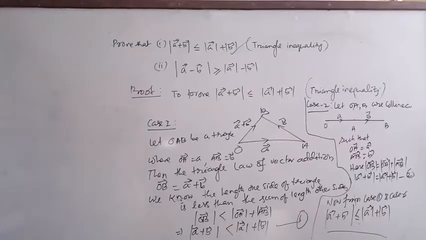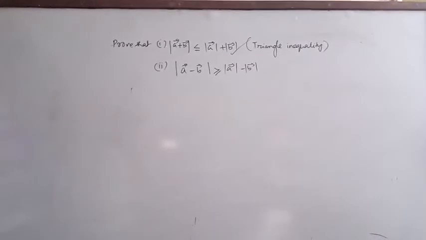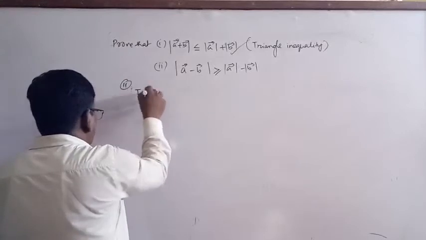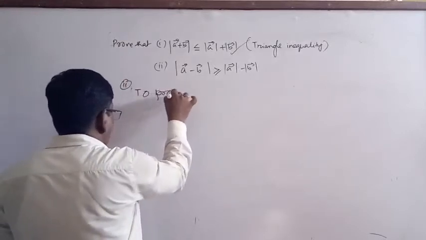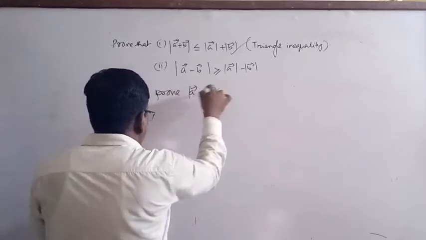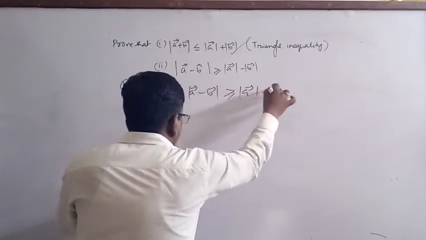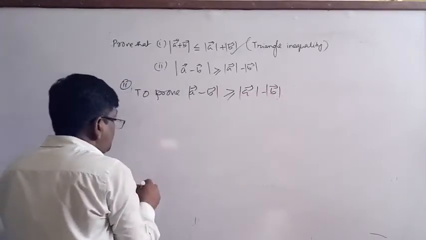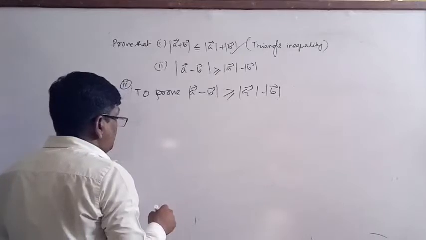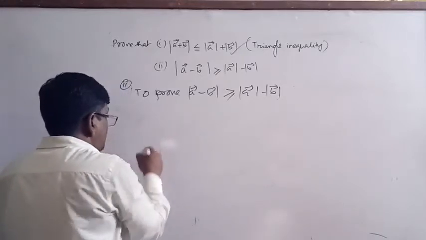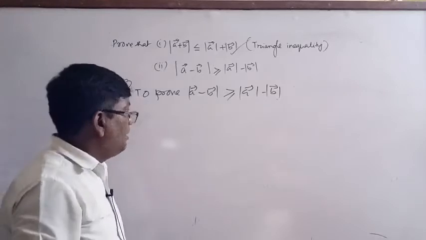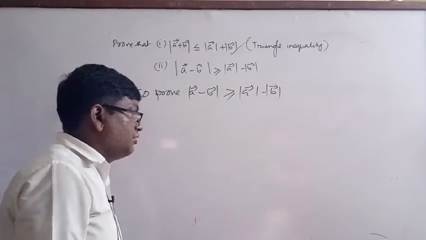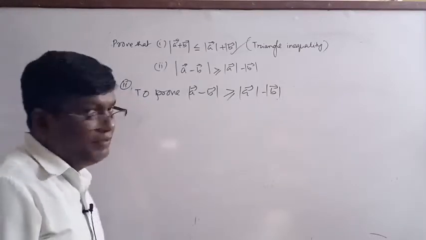Now to prove that the magnitude of A minus B is greater than or equal to the magnitude of A minus the magnitude of B, we can write vector A as A plus of minus B vector.